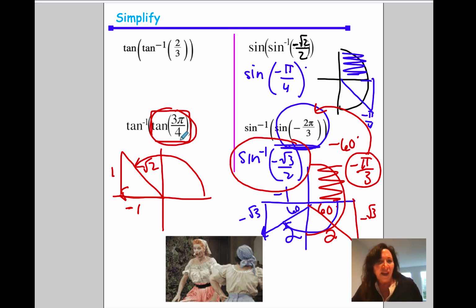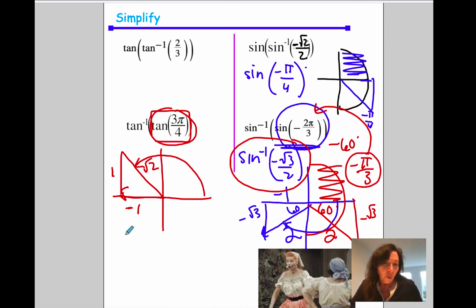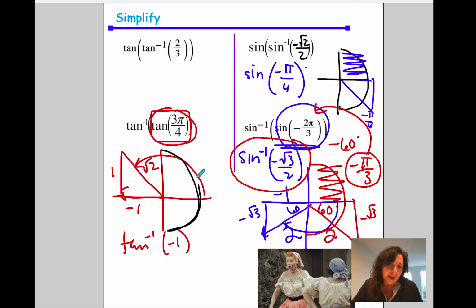So now the second part of my question is actually saying, where is tangent negative 1? However, remember, tangent's restricted domain is from here to here. So this part's out because that's positive and our value is negative. So we know we're down here. And so therefore tangent is opposite over adjacent.